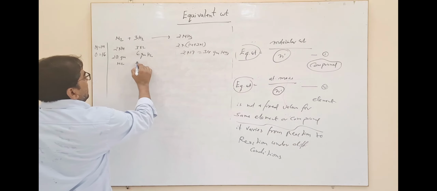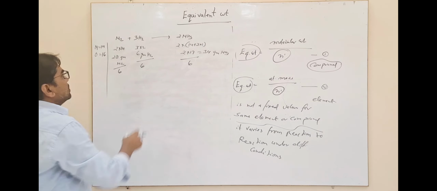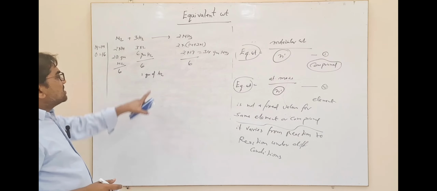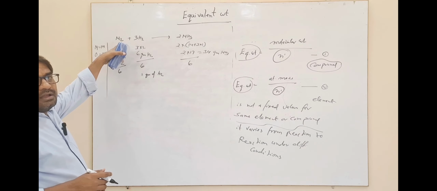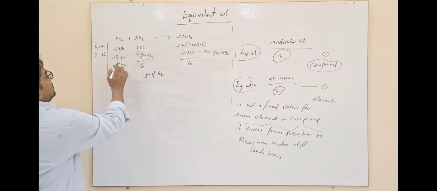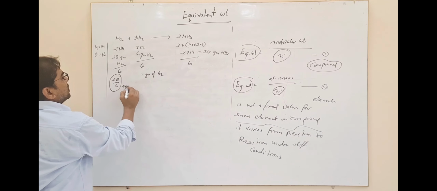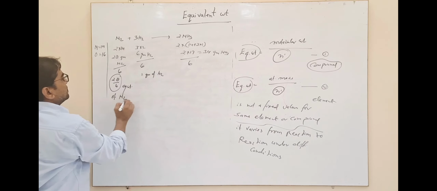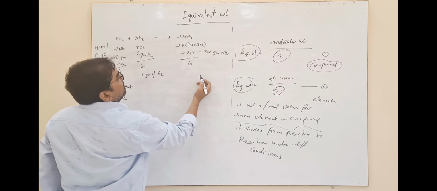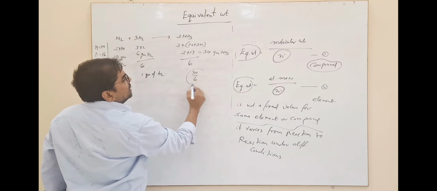If the 6 gram is divided by 6 and the whole reactants and products are divided by 6, this value becomes 1 gram of H2. When 1 part by mass of hydrogen reacts with a matter, the mass of that matter represents its equivalent weight. So here the equivalent weight of nitrogen will be 28 divided by 6, and of ammonia, it will be 34 divided by 6.